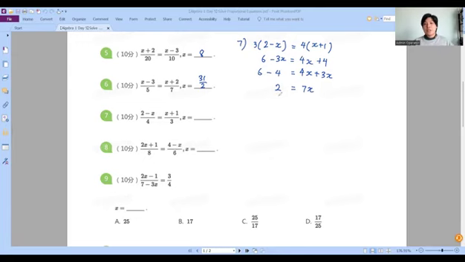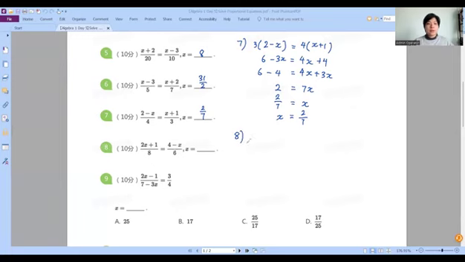My answer for question 7 is going to be 2 out of 7. So typically I'd rewrite my final answer to x on the left here, just because that's the standard way it's written.